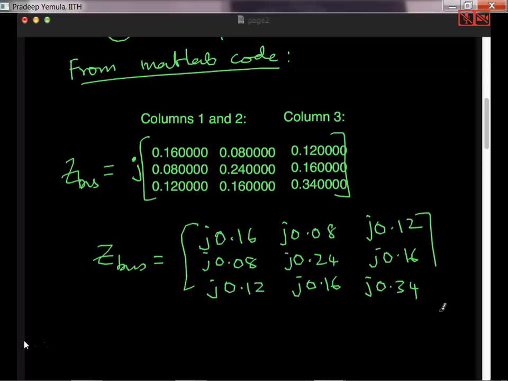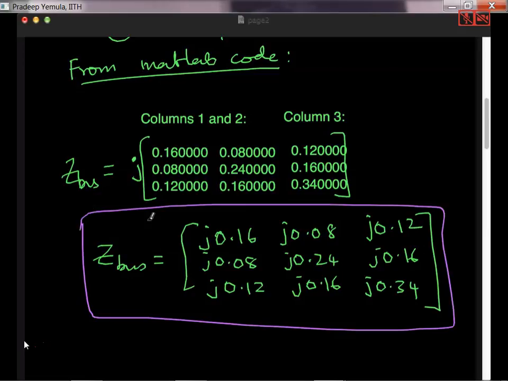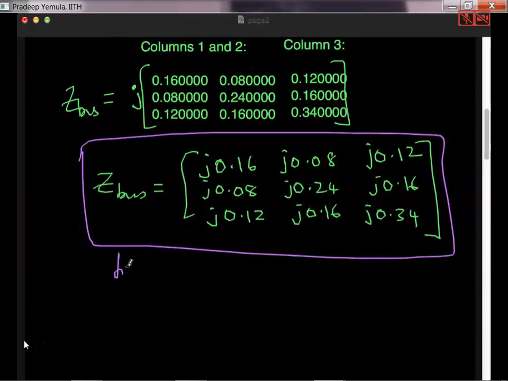So this is my final Z bus of the given network.